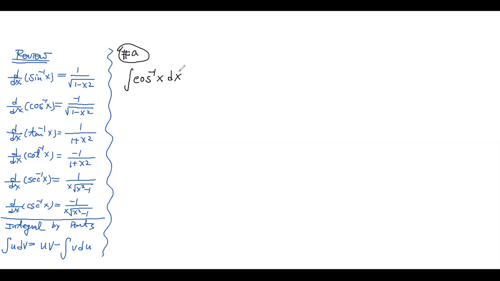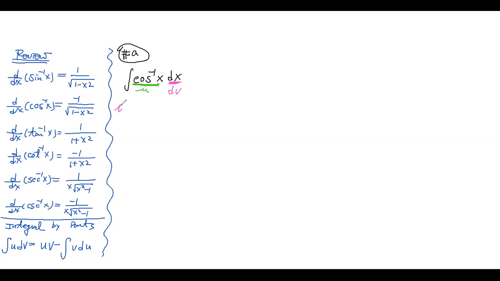Remember, when we do integration by parts, we want to divide it into one part being u and one part being dv. So here, we let the inverse function be u, and then the dx will be the dv.